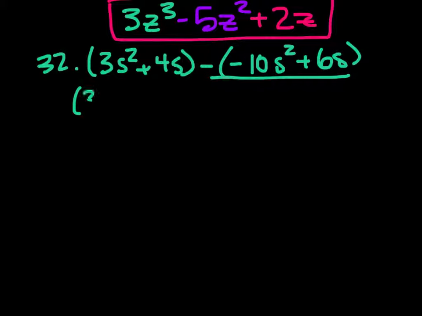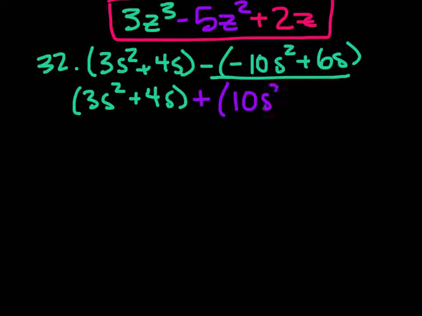So I have 3s squared plus 4s still, and I'm going to rewrite this as plus 10s squared, minus 6s. If I do that, then I'm adding the opposites. So now let's identify those like terms. We have 3s squared, 10s squared, and we have 4s and 6s, or negative 6s. So let's rewrite this, putting the terms together.